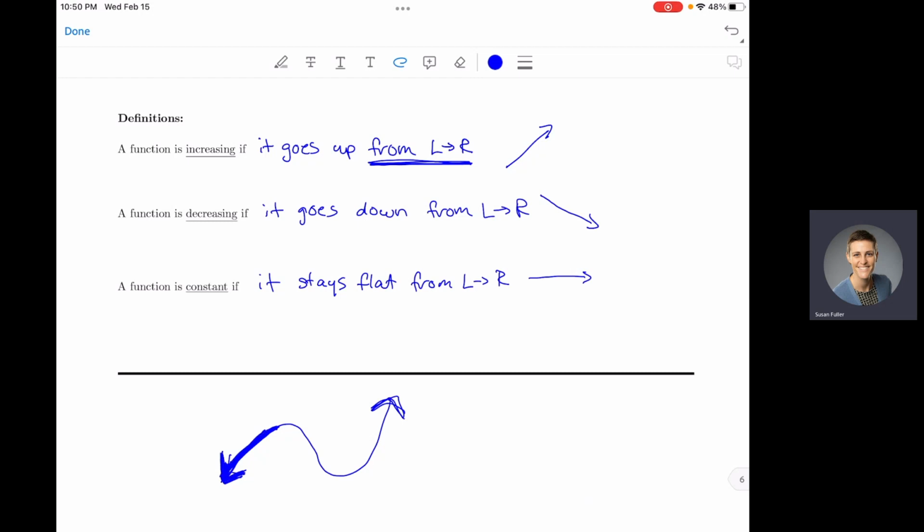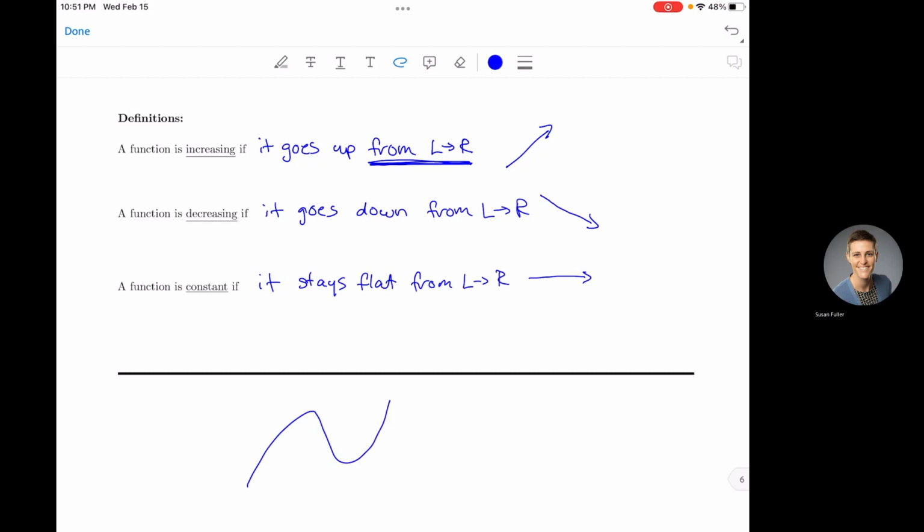But the arrow just means that this pattern continues forever. Sorry, let me redraw that. The arrows just mean this function continues forever.